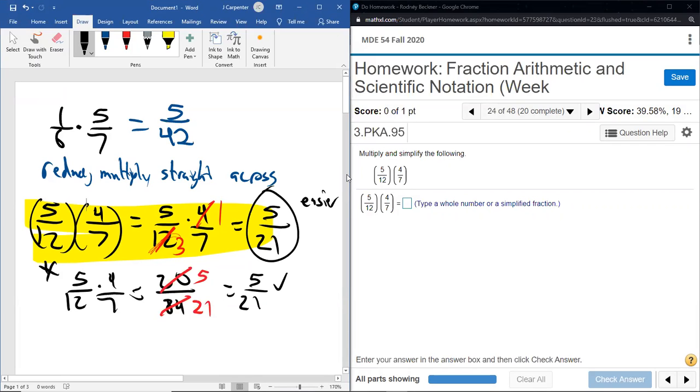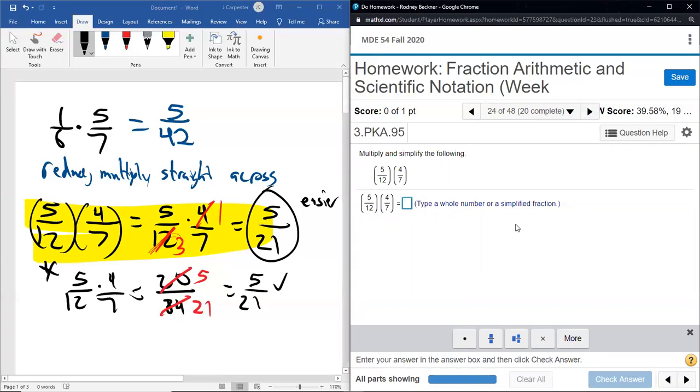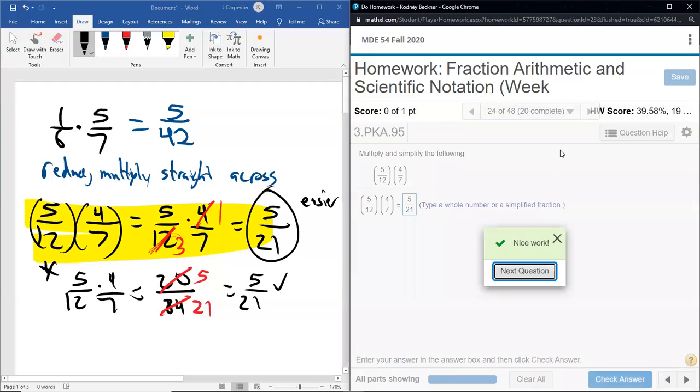And the reduction was easier because these are smaller numbers. Now, the reduction might not have been too hard to pick out here, but if you're looking at 3, 4, 5-digit numbers, those reductions can be more difficult to pick out. And if there's several reductions or big number reductions, then you might miss something. So it's just easier, in my opinion, to reduce first. And most people would agree with that opinion. 5/21, everything looks good.